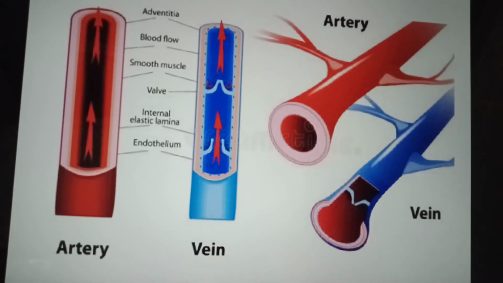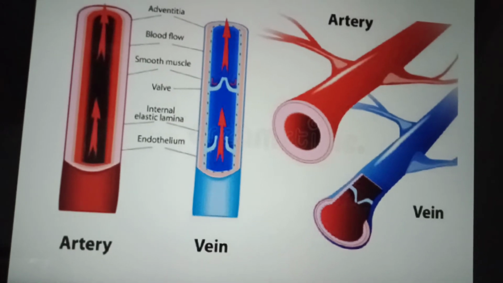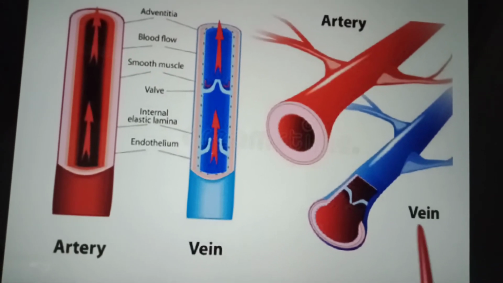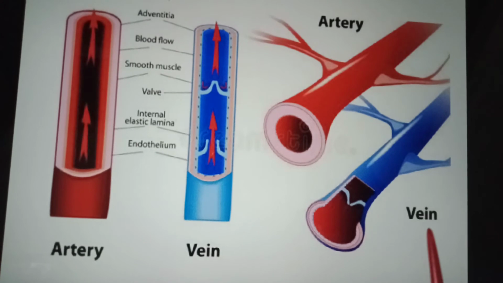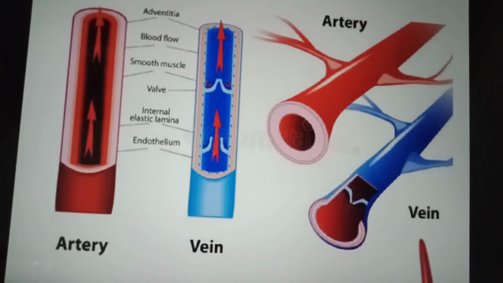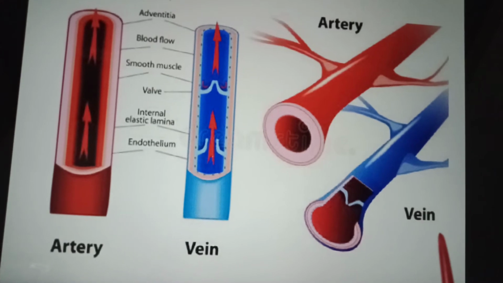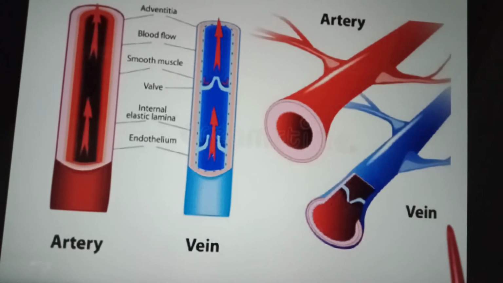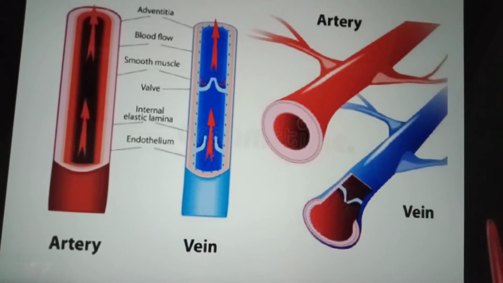A vein is the blood vessel that carries blood towards the heart. In adults, all veins with the exception of the pulmonary vein carry deoxygenated blood. Veins are also well adapted to their function.